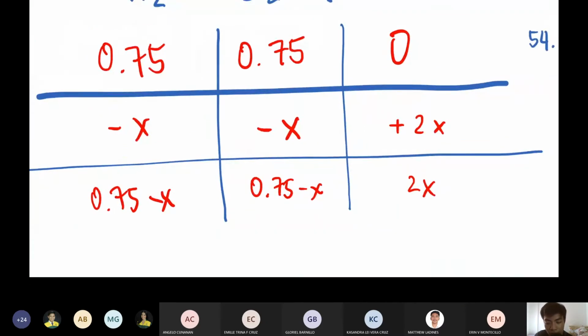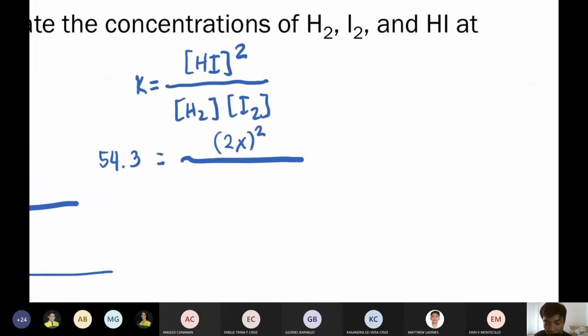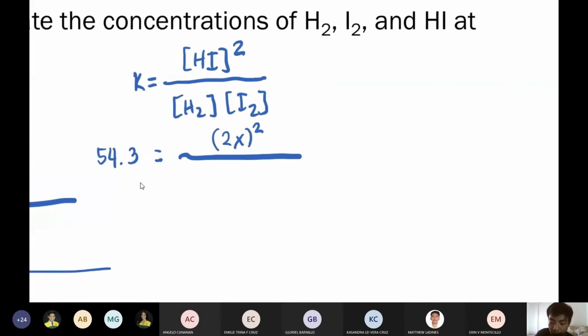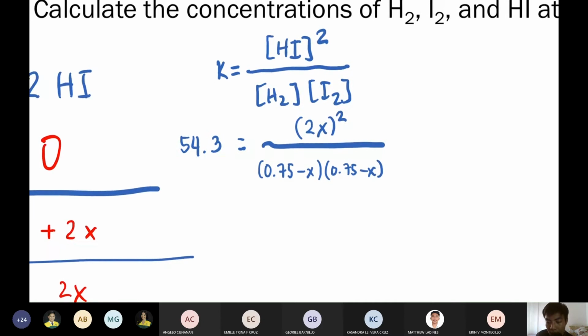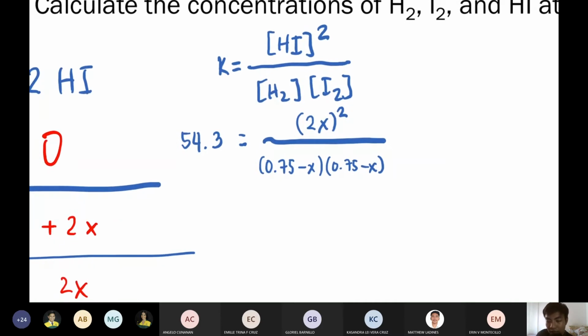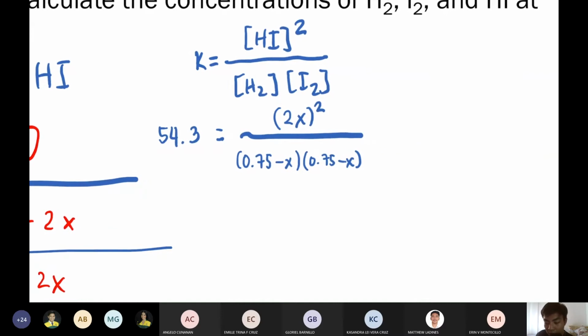For I2, 0.75 minus x then. After nyan, algebra na. Okay? Sa algebra na tayo. Alam ko, favorite nyo yan. Ano gagawin nyo sa denominator? You have a product of binomial. So, yan ay FOIL method.